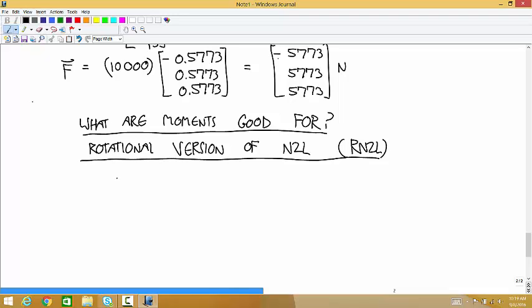It says, add up all the moments about A. That's equal to the mass moment of inertia, which is a matrix in general, times the angular acceleration.